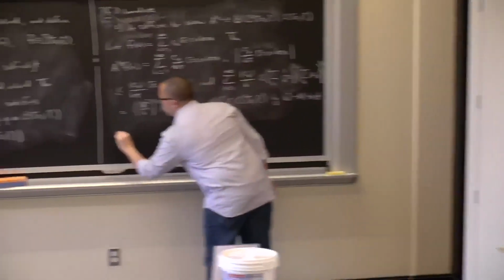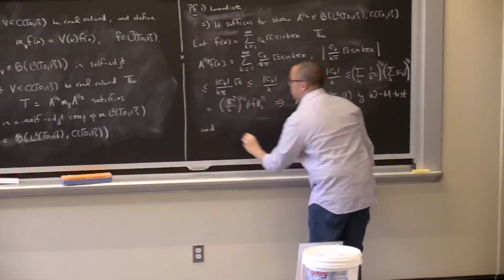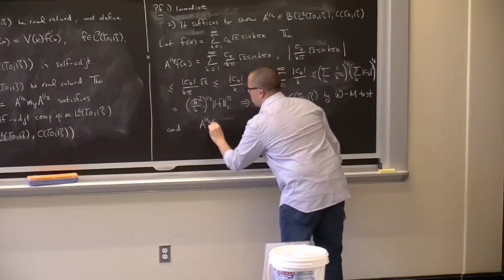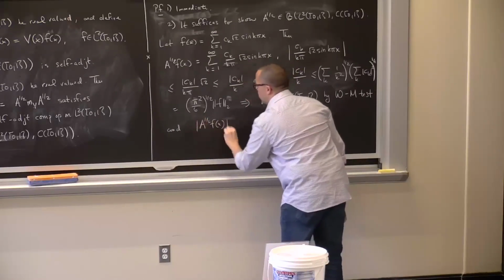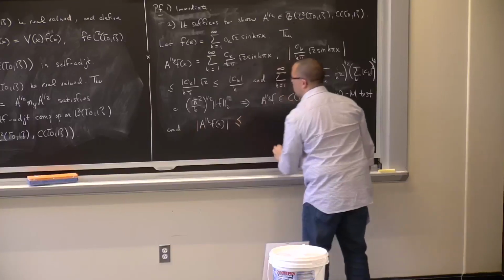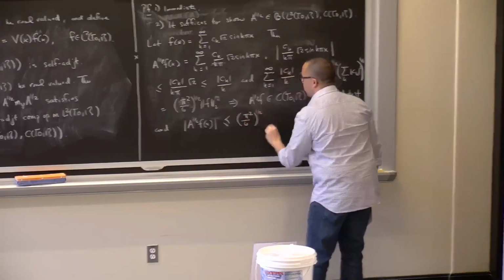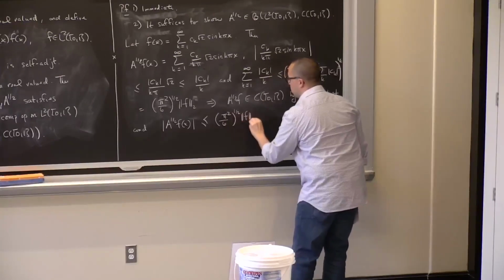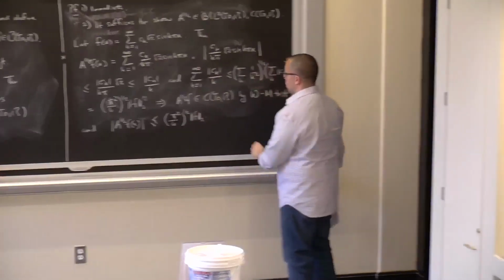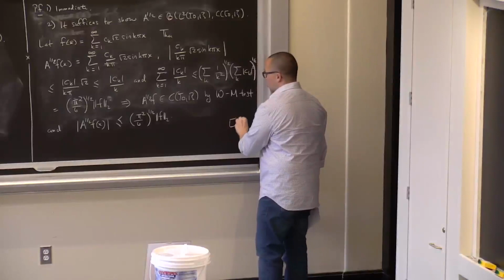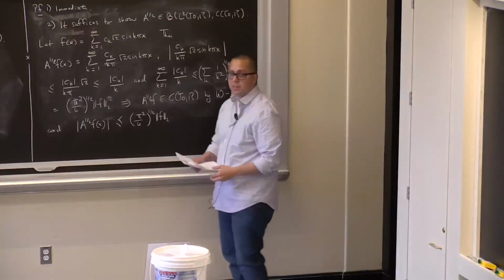Not only that, this computation we did shows that a to the 1/2 applied to f of x is less than or equal to pi squared over 6 raised to 1/2 times the L2 norm. So it's a bounded linear operator from L2 to the space of continuous functions.